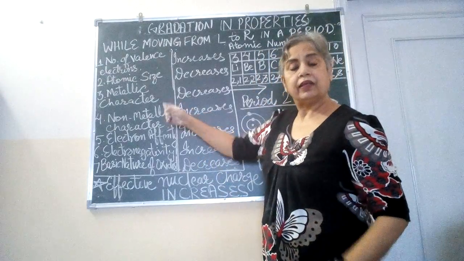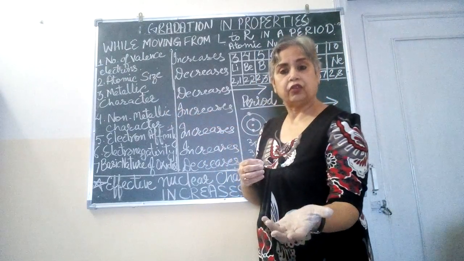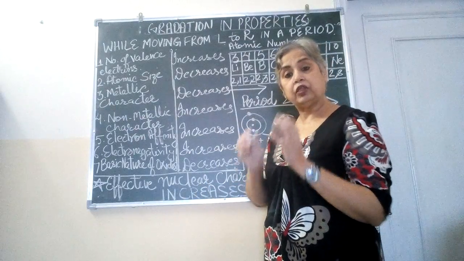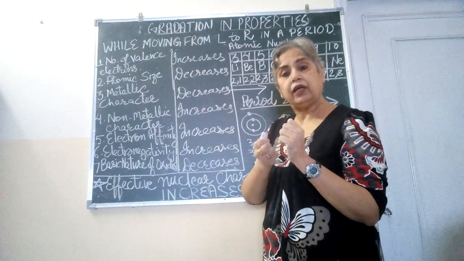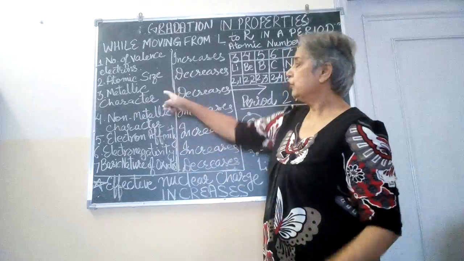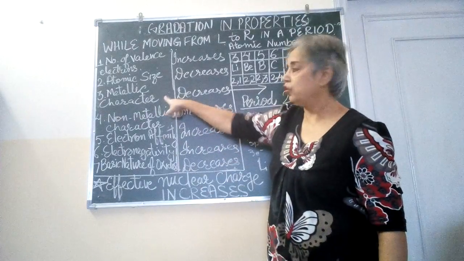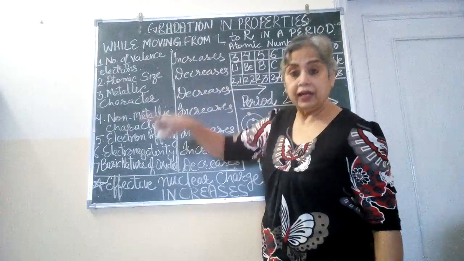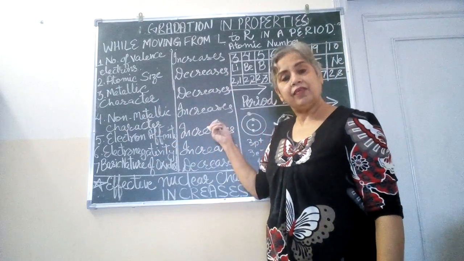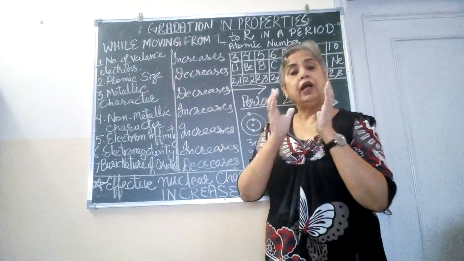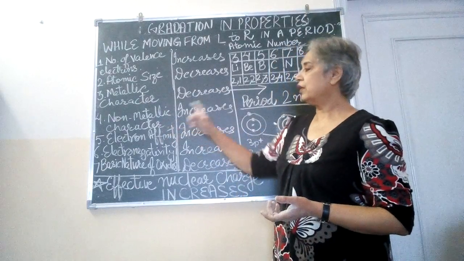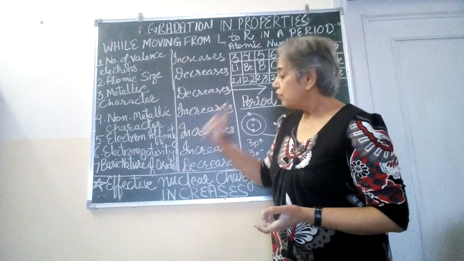Now, metallic character was the tendency to lose electrons, right? But now the effective nuclear charge, the positive force which is pulling the electron, has increased. So the tendency to lose electrons decreases. Tendency to gain electrons increases because electron is negative and the positive force has increased. So non-metallic character increases.